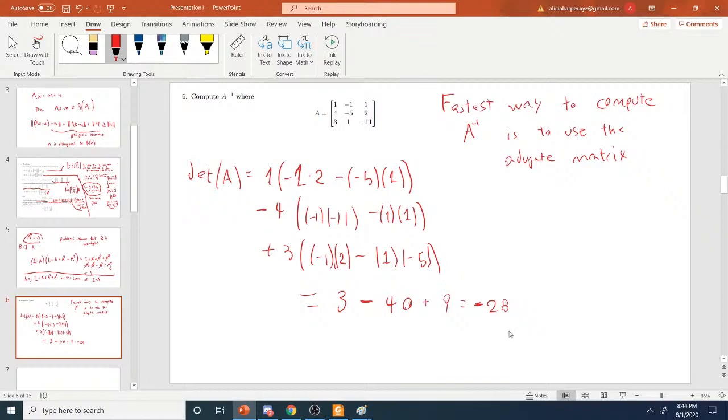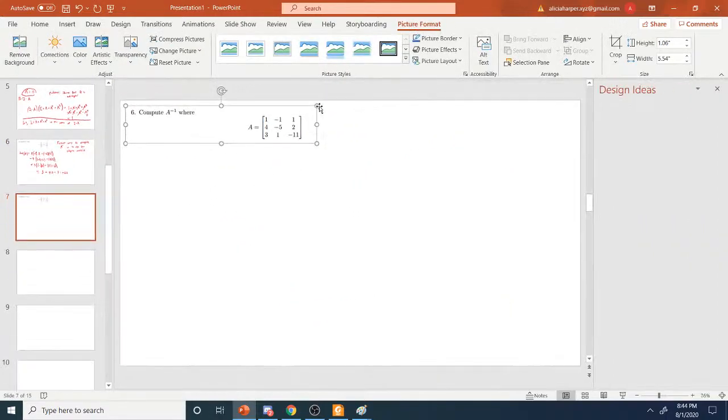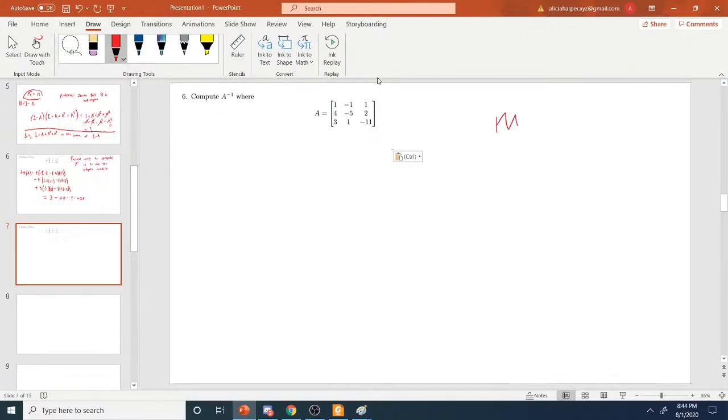What else do we have to do? Then we have to write down the adjugate matrix. So recall that Mij is equal to the matrix with the ith row and jth column removed.